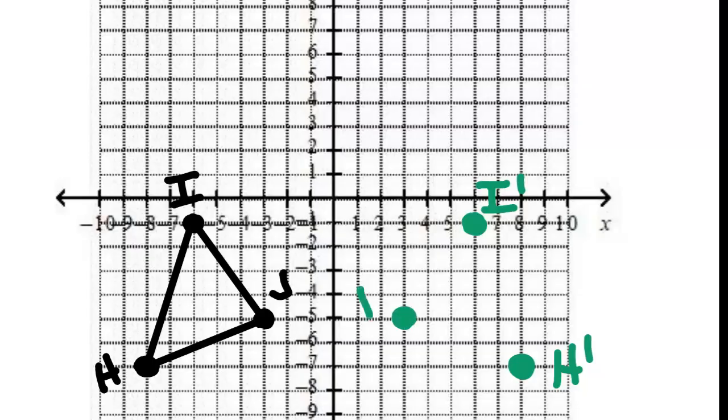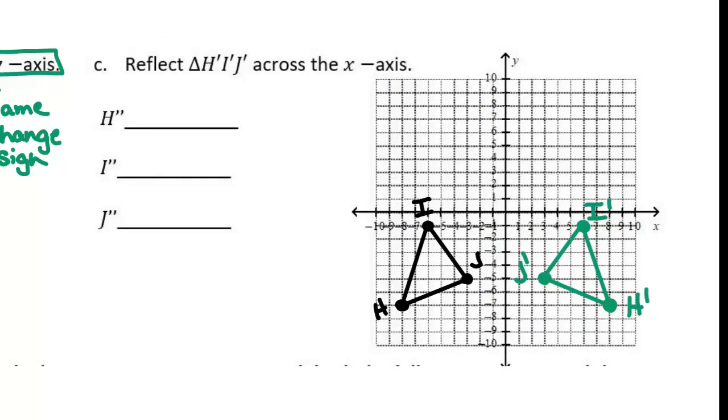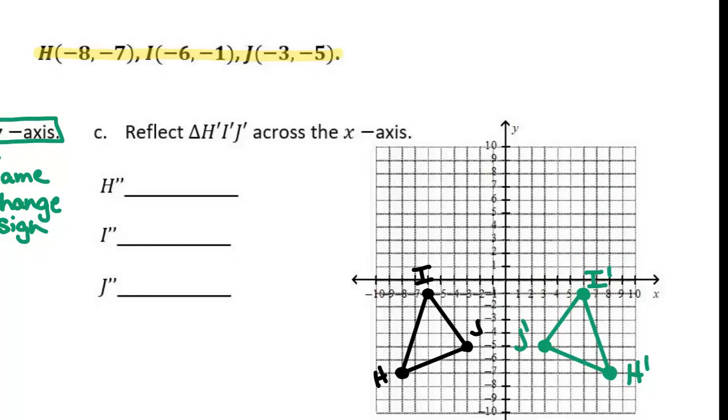Right here. For J prime. Grab the straight edge and connect those points to make the reflected triangle. This triangle has flipped over, has reflected over the y-axis.